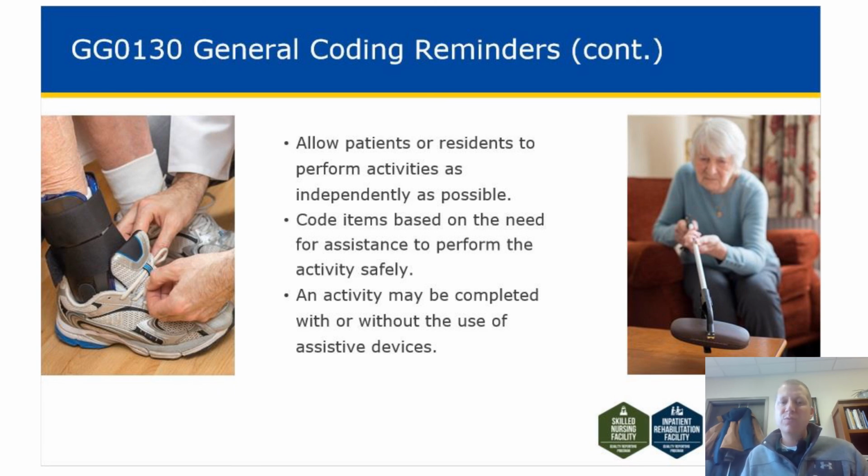And again, as a reminder, if a patient uses adaptive or assistive devices to be independent, we can include the use of that. So if they need a reacher to put on their pants and underpants, and they can do so with the reacher independently, then we would still be able to code them as independent.